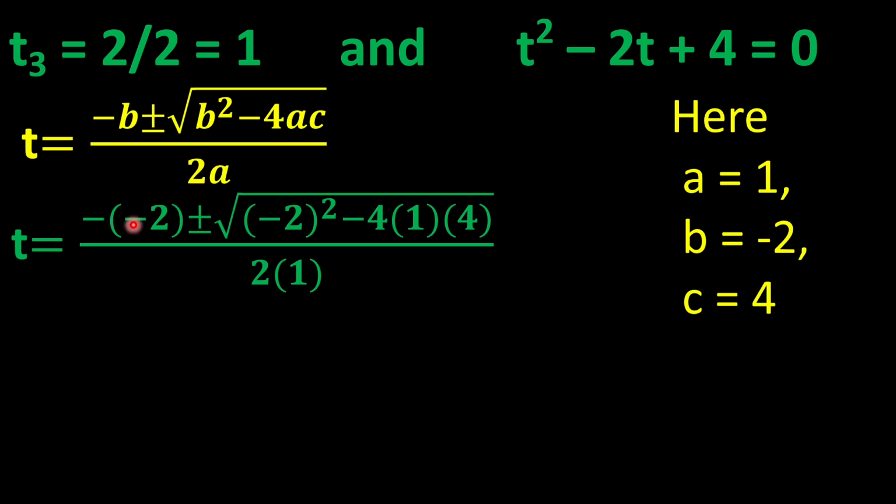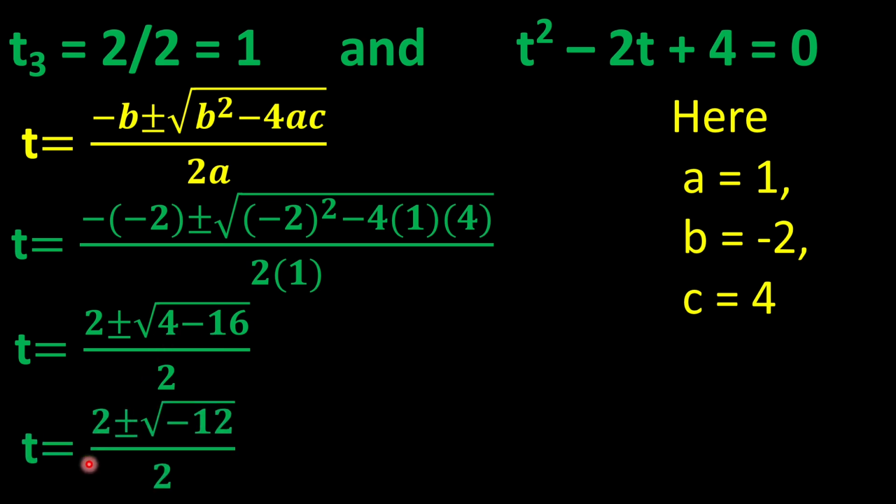So this minus minus when multiplied will become plus, so 2 plus minus under the root, this will become 4 - 16. When we subtract 16 from 4, it will become -12. So now we have 2 ± √(-12) divided by 2.